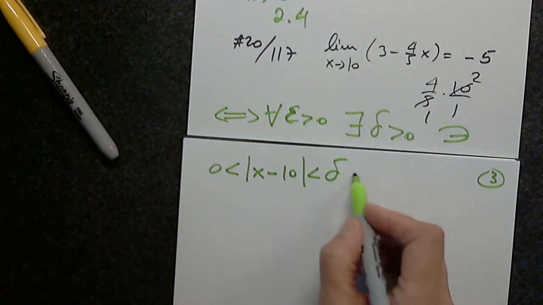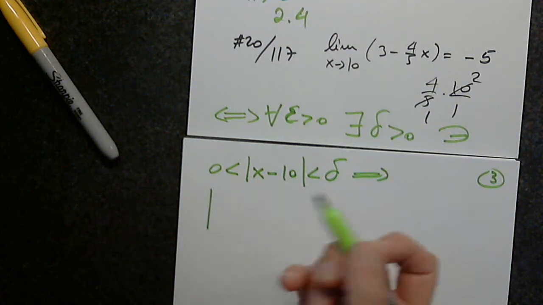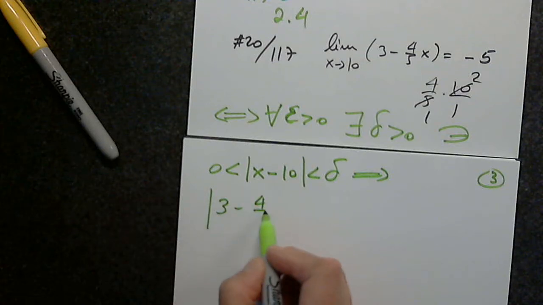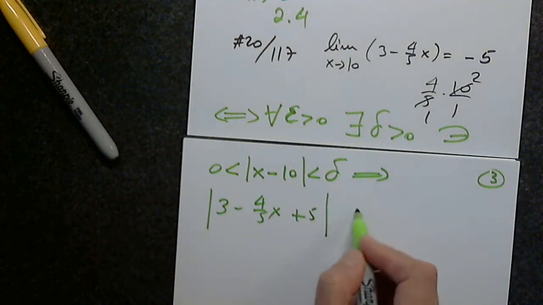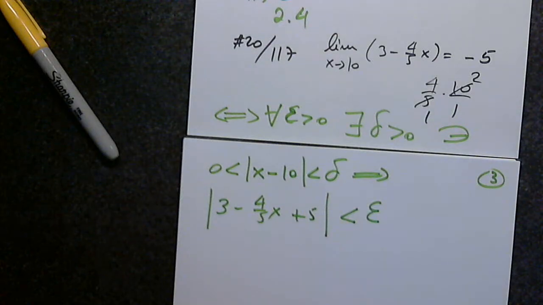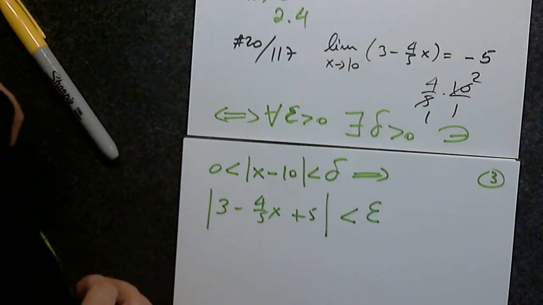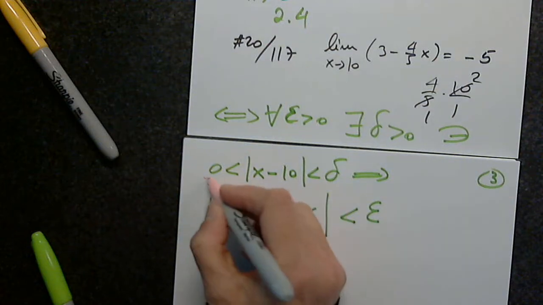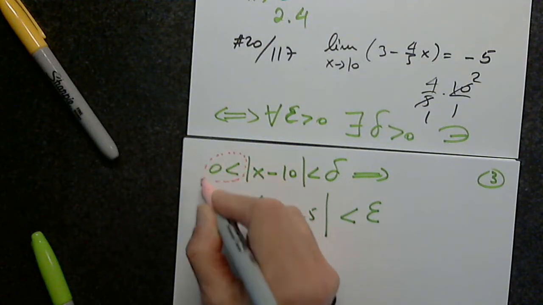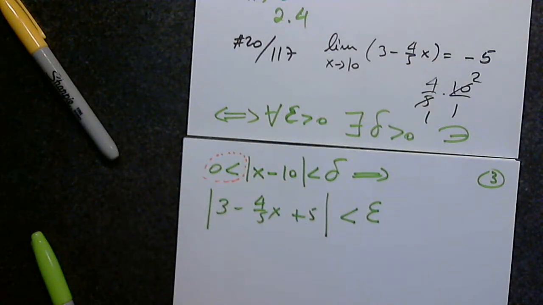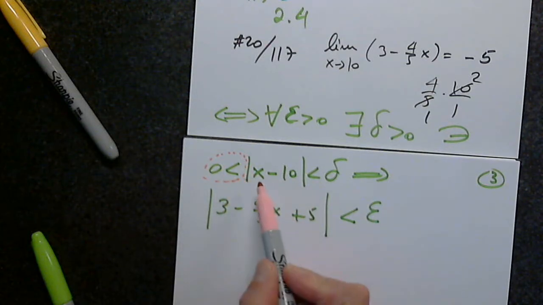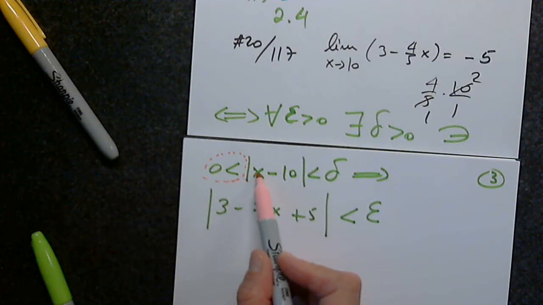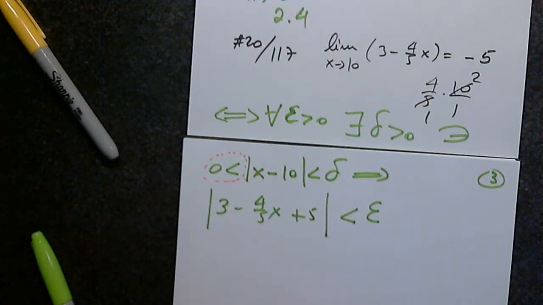F of this x, which is the function, 3 minus 4/5 x minus -5, which is plus 5, will be less than epsilon. But by the way, why do I need this zero? Can't be 0. Exactly. Because we know that the absolute value is greater than 0. But this guarantees that you do not pick x to be 10. Good. So that's a definition.